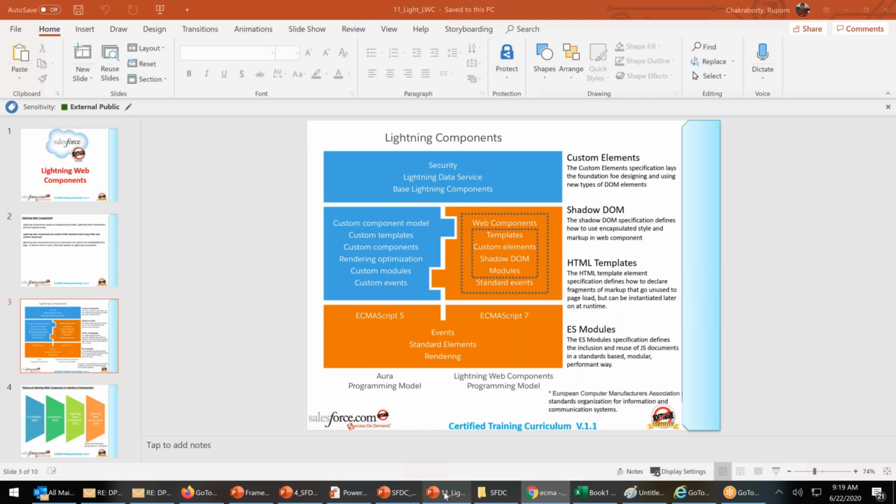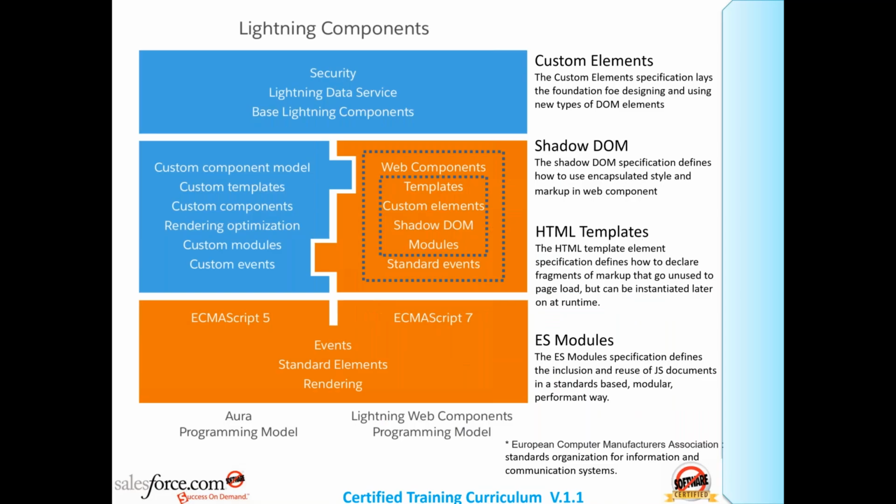ECMA talks about whenever you are using any type of web programming language, let it be Aura, let it be Python, Ruby on Rails, PHP, anything, you need to have some standards. Now these are the standards. The latest standard is ECMA 7. ECMA 7 is the latest standard.